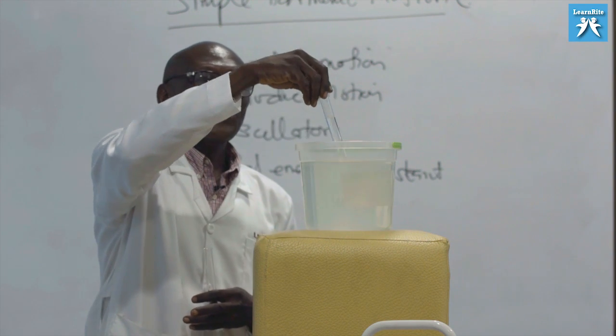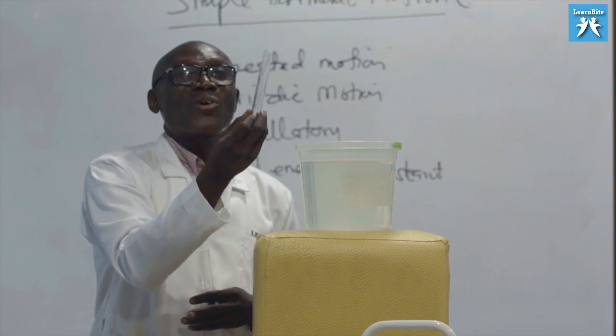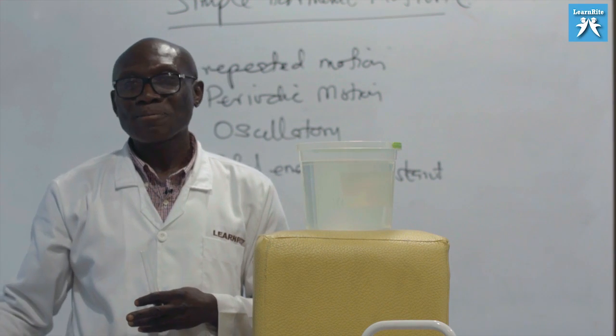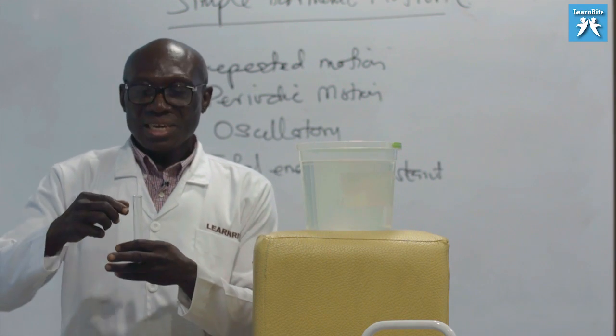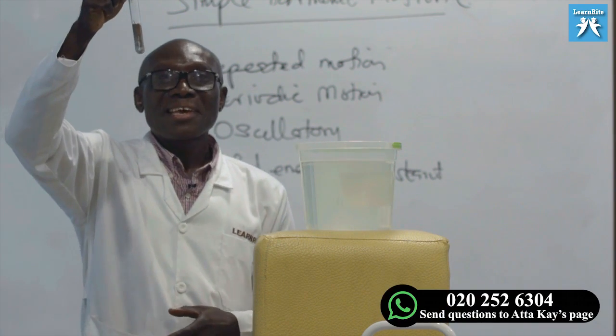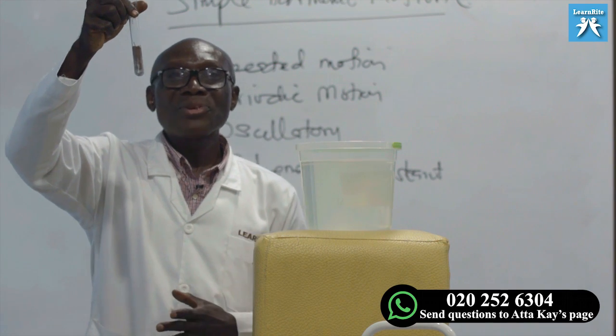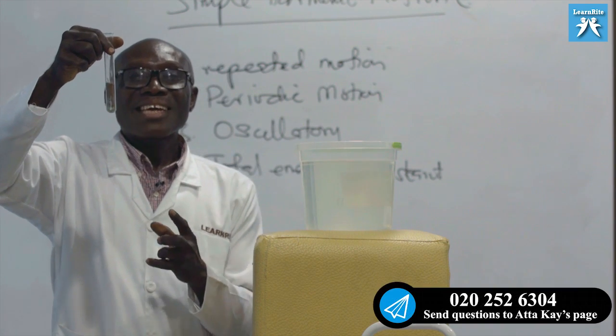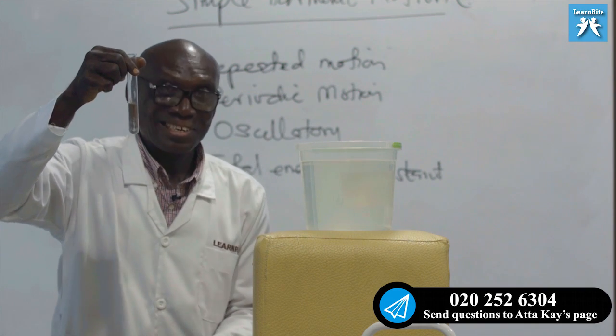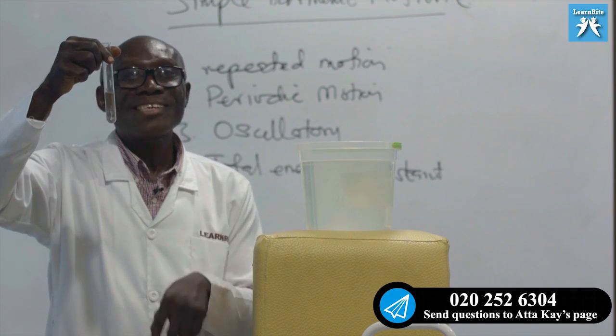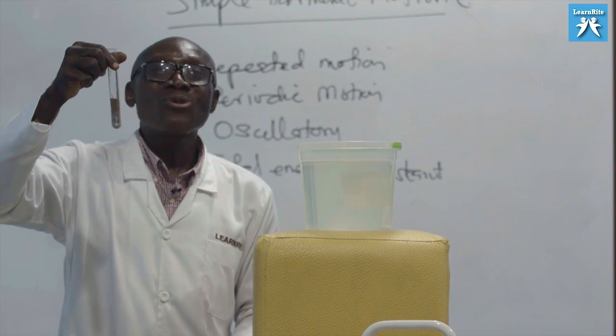Now, if I want to avoid the test tube falling, what I will do is to put something in the test tube. And when you do that, it is said that the test tube is weighted. The test tube is weighted, or the test tube is loaded.